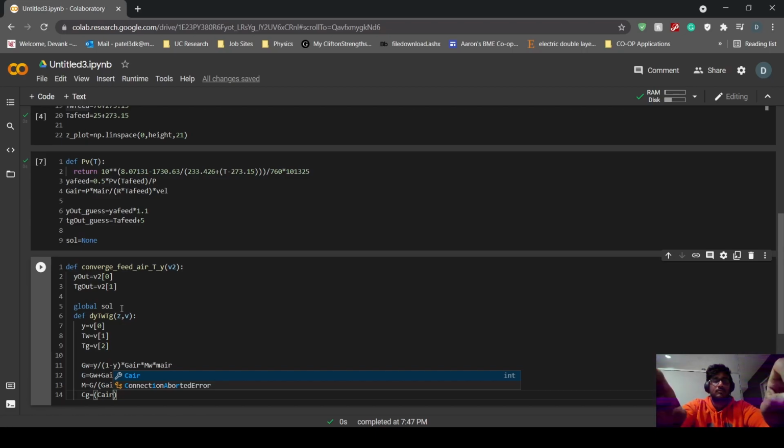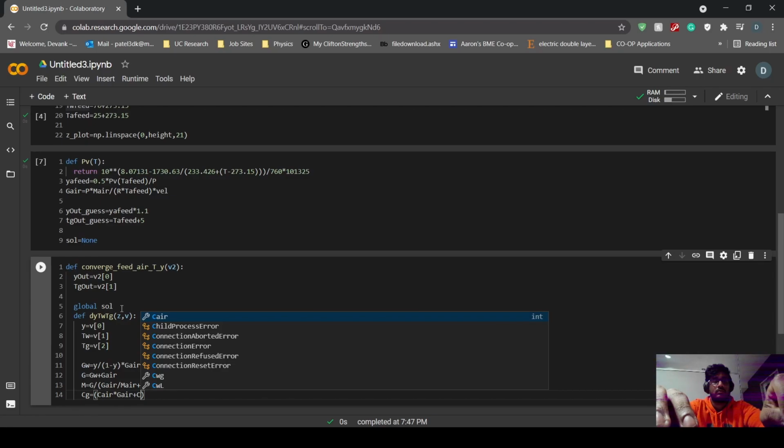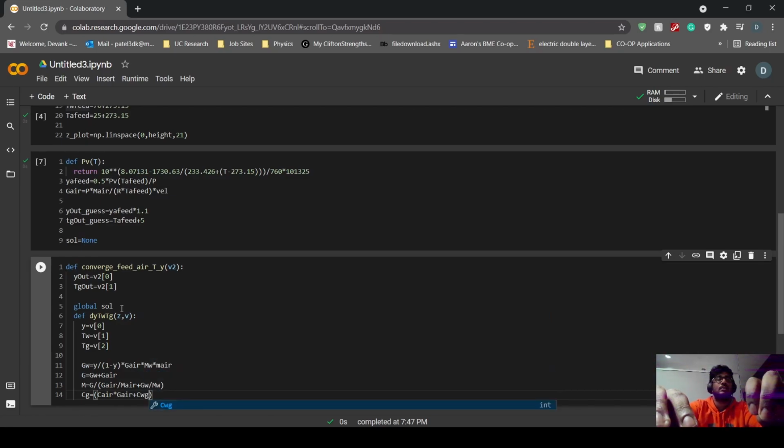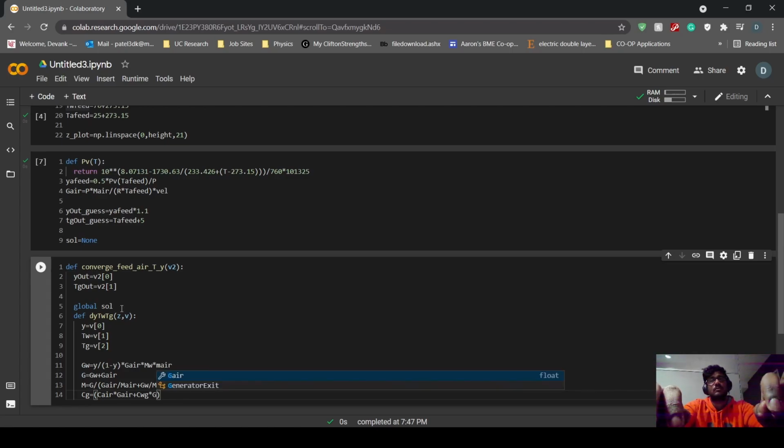And we're going to multiply that by G air and add CWG, which is the heat capacity of the water in the gas phase, times the gas flow rate of the water, and then close that and divide that by G, which is the total gas flow rate.